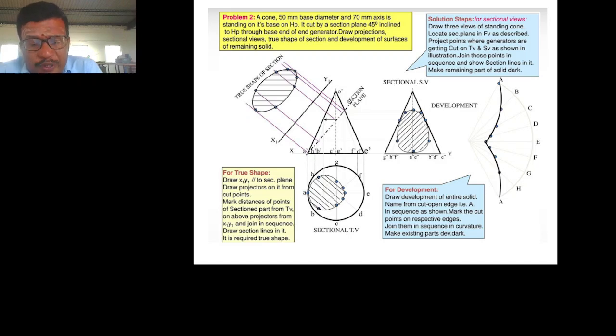Then O to B, mark point number 2 from the top view. O to C, from XY to C, mark the point number 3. So similarly up to H. So join all 1, 2, 3, 4, 5, 6, 7, 8 and A, B, C, D, E and darken the line. You will get the development of the cone.